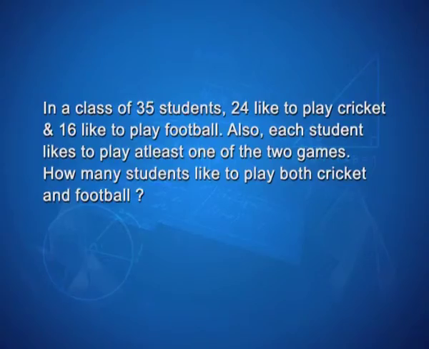In a class of 35 students, 24 like to play cricket and 16 like to play football. Also, each student likes to play at least one of the two games. How many students like to play both cricket and football? Let us try to convert this data in the form of sets.